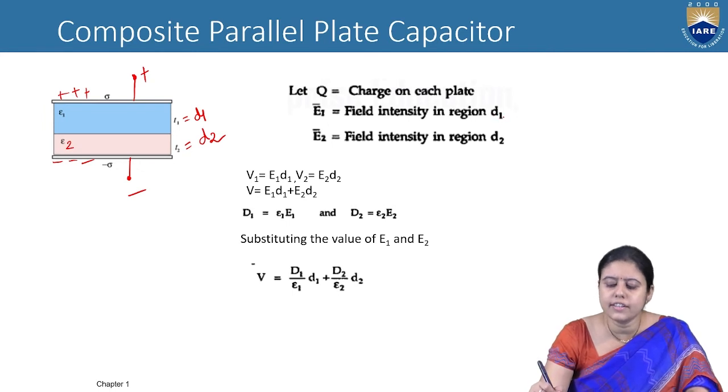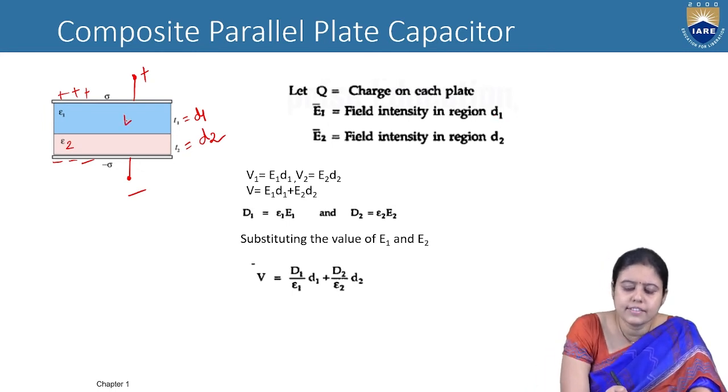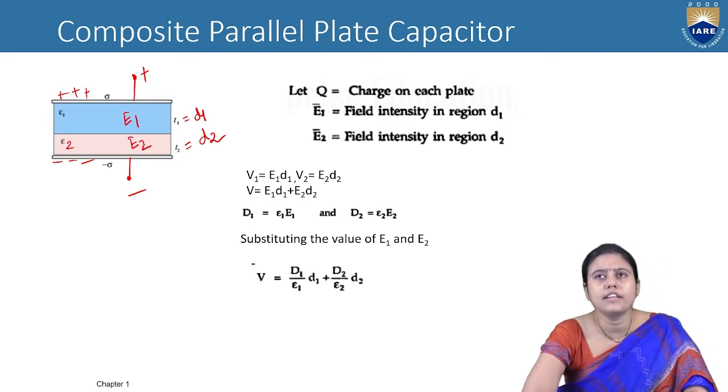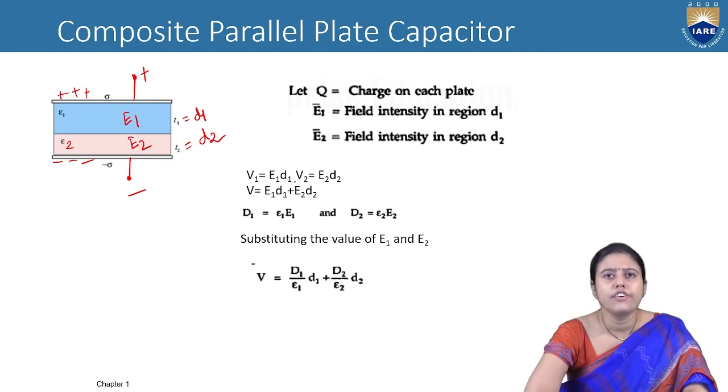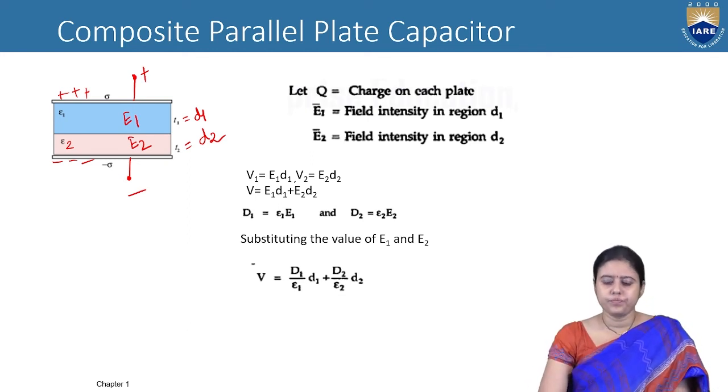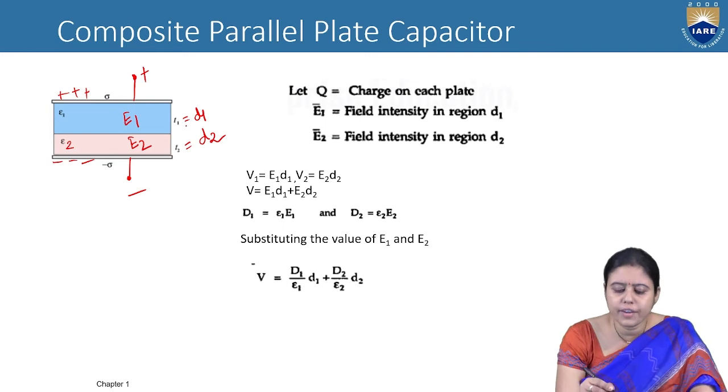What is the field intensity of D1? Say this is our E1 and this is E2. E1 is the field intensity in the region of D1, and E2 is the field intensity in the region of D2. So what is the V1?